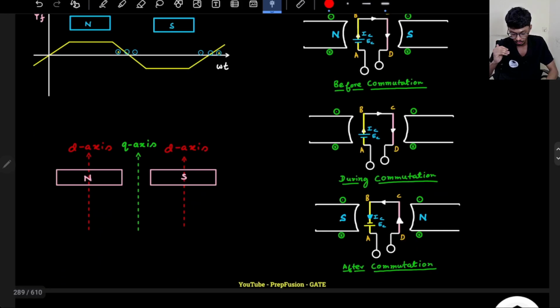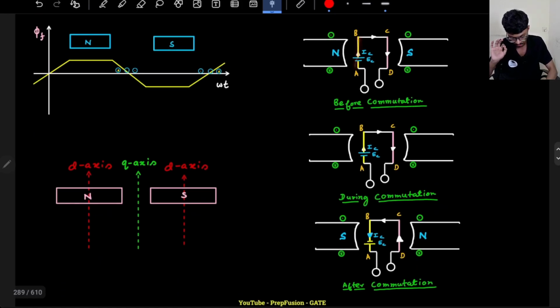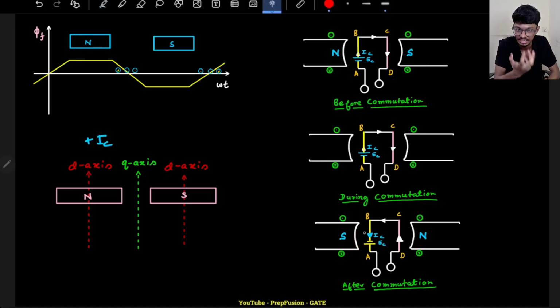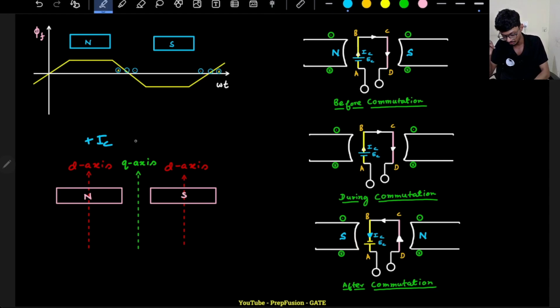Same thing I am showing you. Previously it was going here, now the current direction is like this, and the induced EMF direction also changes. Previously the current in the coil was plus IC, if I assume it to be DC, when it was in the d axis. Now in the q axis it will be 0, because the field MMF is 0, hence the induced EMF is 0, and the current is the induced EMF upon the resistance.